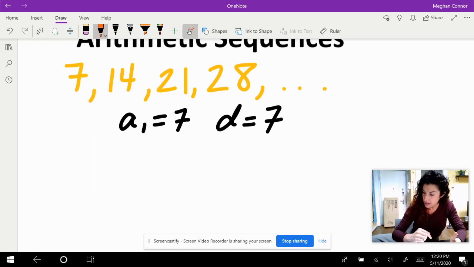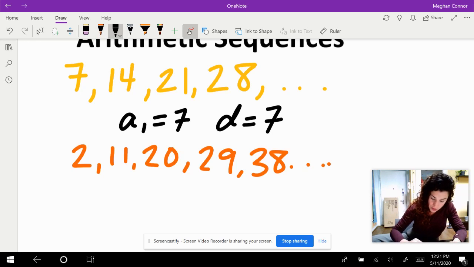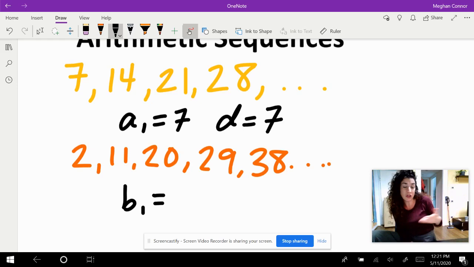A different arithmetic sequence would be 2, 11, 20, 29, 38. Our first term, A sub 1 here, actually, let's change up the variable. I'll call it B sub 1 because I want you to realize that it could even be Greek letters in there.